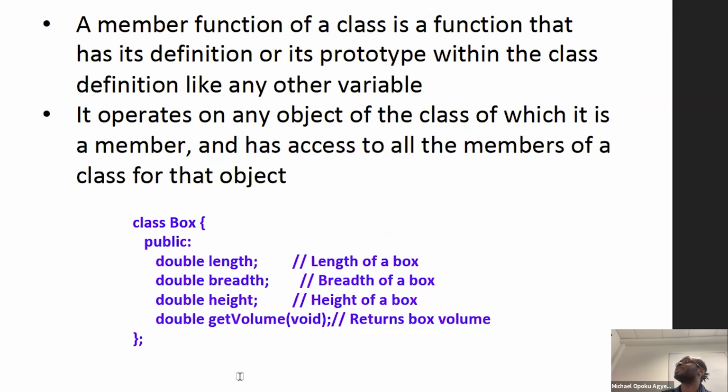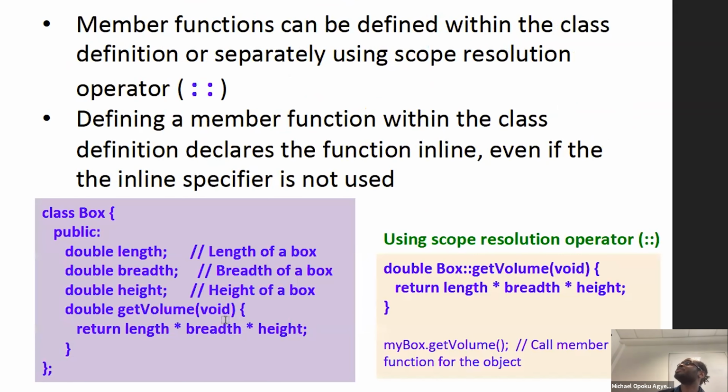We also mentioned that we can have functions as members of a class. If you create the function, you can inline the definition, or you can use the scope resolution operator, which is the double colon. You have the name of the class, then you get access to the function, and then you can follow on with the definition of the function.